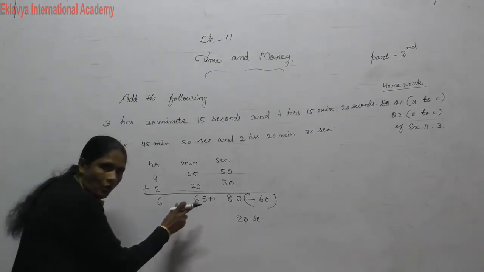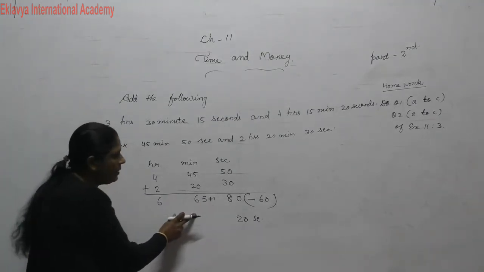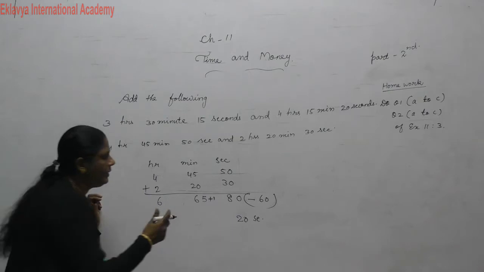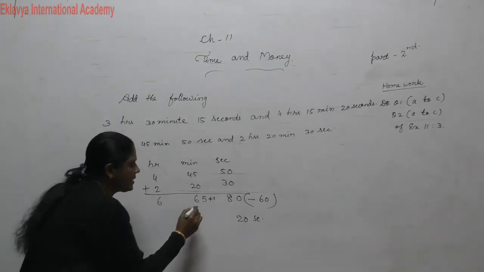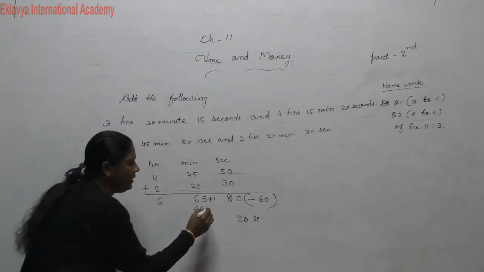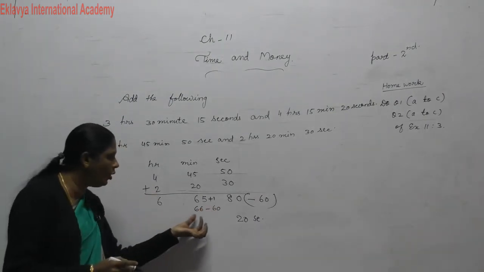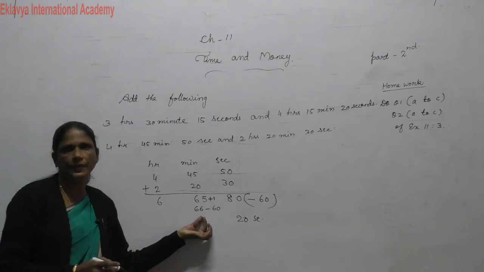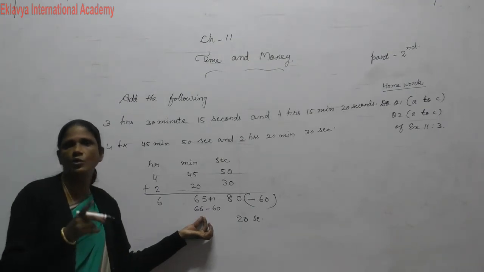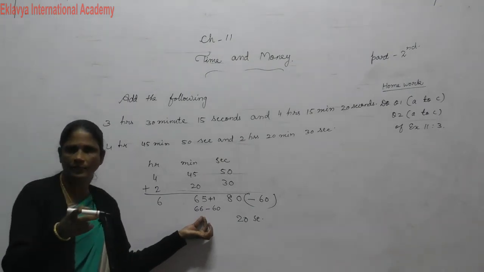Here 65, already 65 minutes here, then 1 added, then 66. 66 minus 60, that is 1 hour, above 60. 1 hour is equal to 60 minutes.